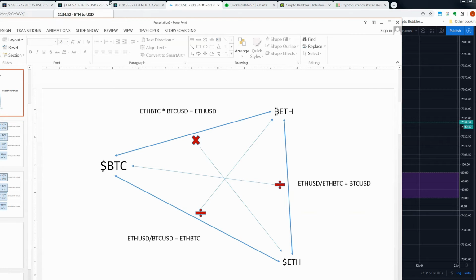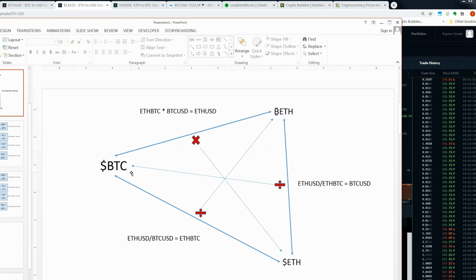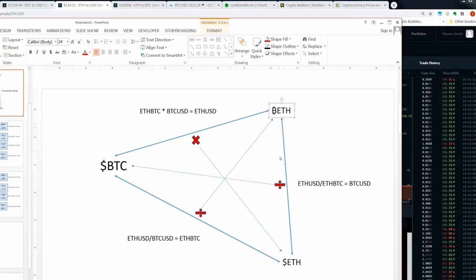You can just run these conversions on these numbers up here, and you'll see that they're off by a slight amount. You'll notice that when you're converting between, let's say, Bitcoin and Ethereum, and you want to get this dollar value of ETH, the difference between the dollar value you derive and what the actual price is going to be relatively small.